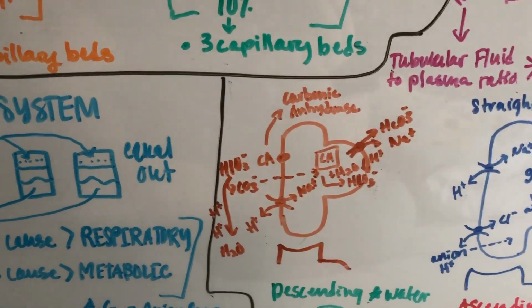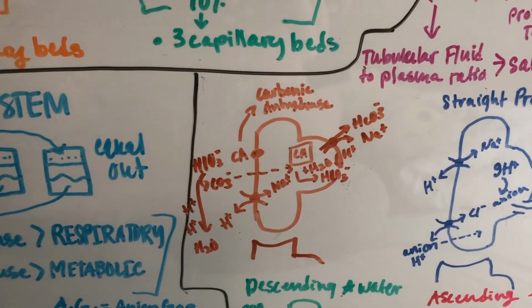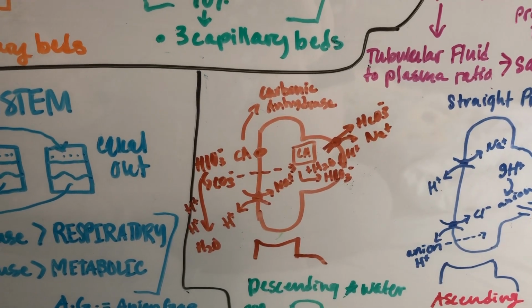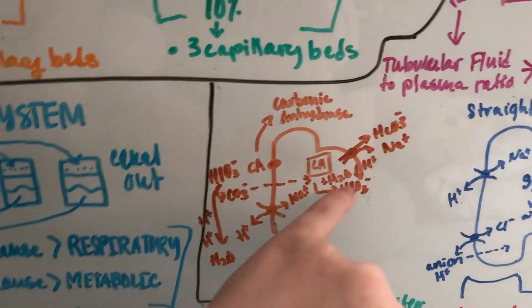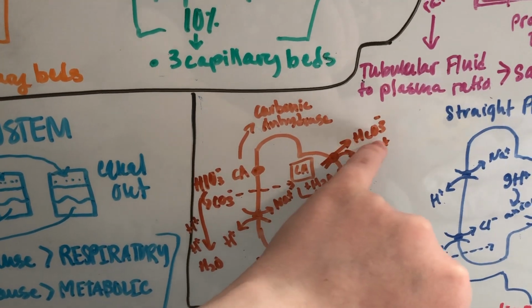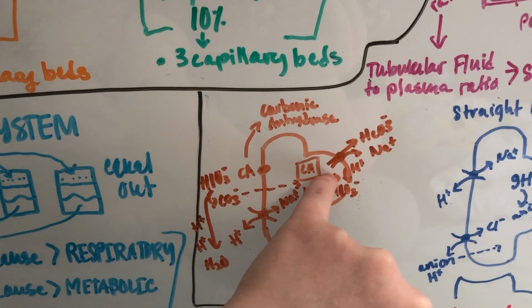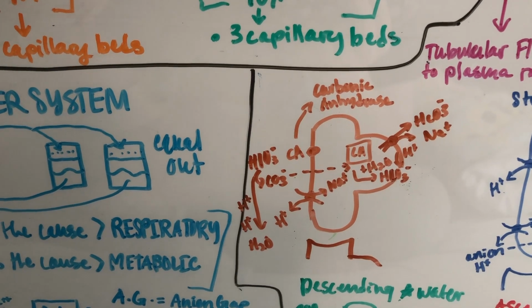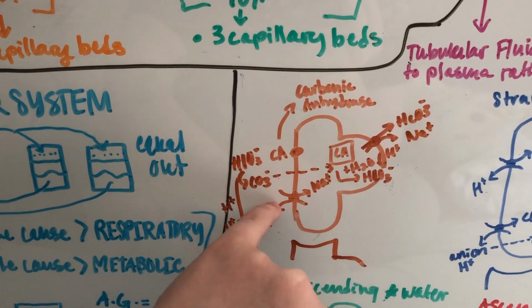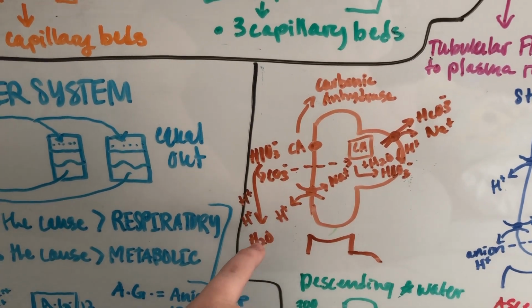So this is talking about carbonic anhydrase, and this is helping with our buffer system. As you can see, we've got HCO3 being driven out in the same direction as sodium. And then we have another pump over here. Sodium's driven in, hydrogen's pumped out.